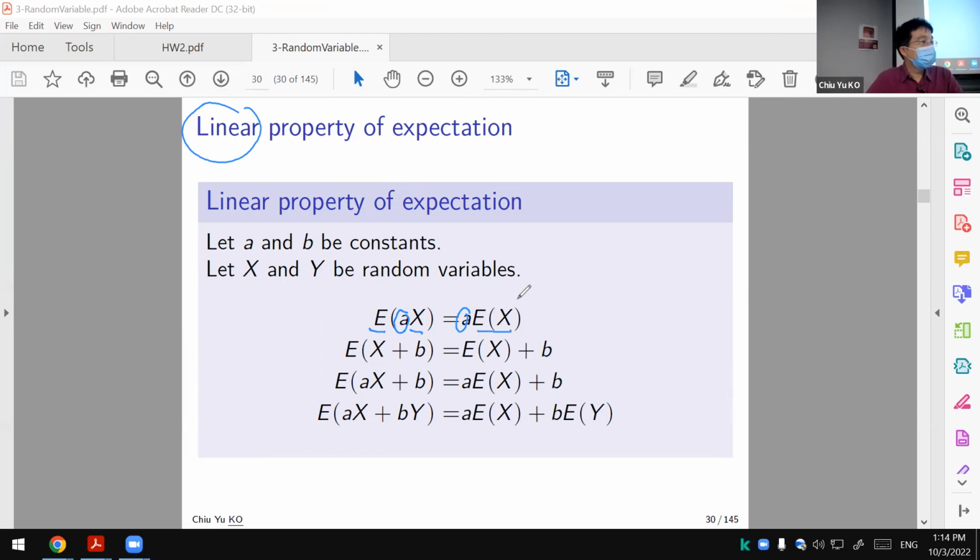Do we need a random variable for every number of shares? Do we need one for 2 shares, 3 shares, 4 shares, 5 shares? No, we don't. It means the expectation is proportional. So if you have a big portfolio, say 10,000 stocks, don't worry. You just look at one single share.